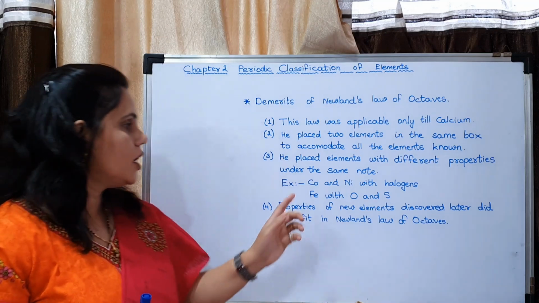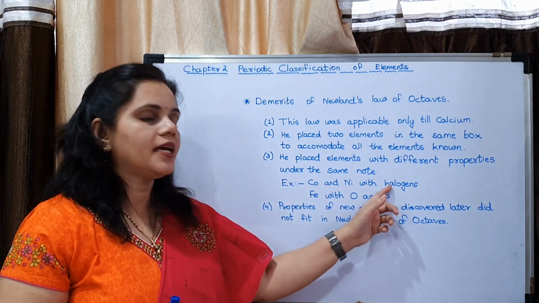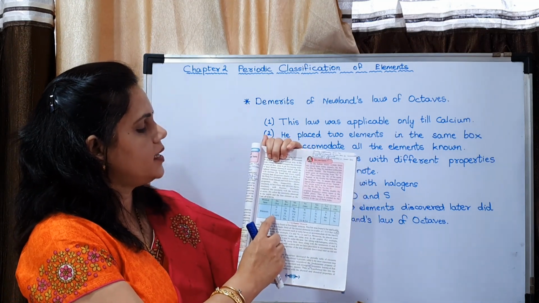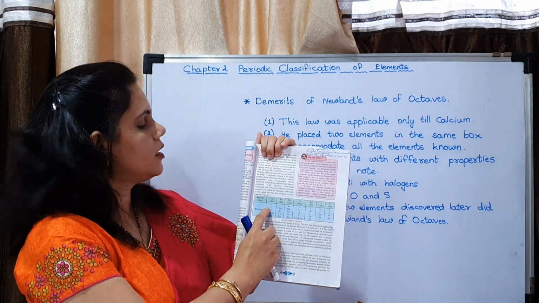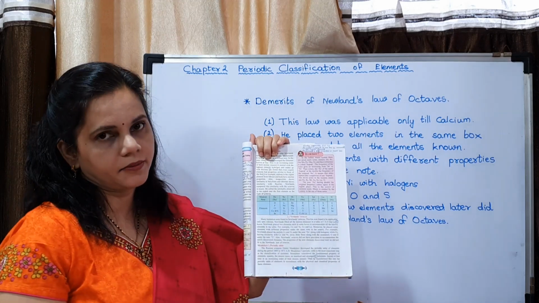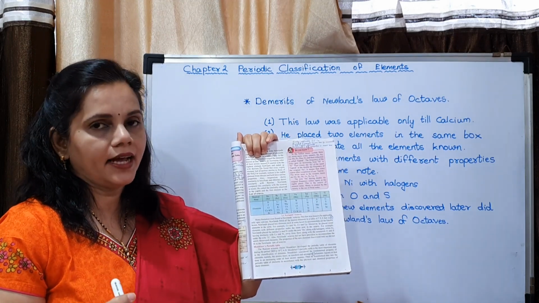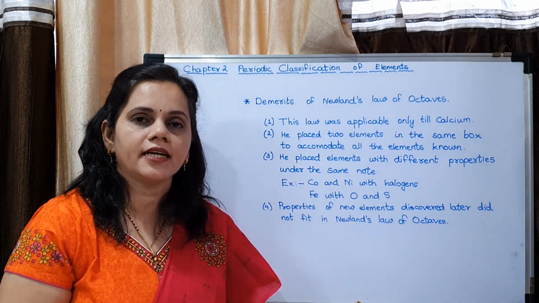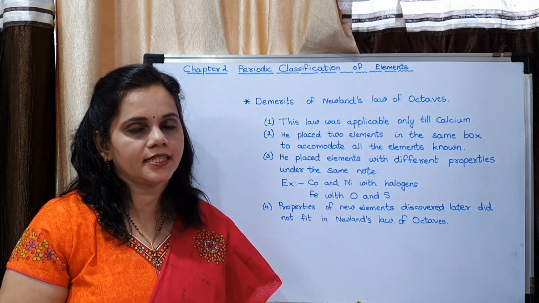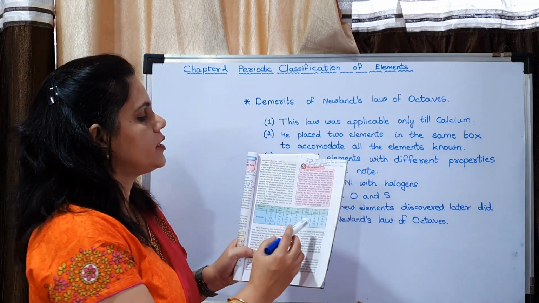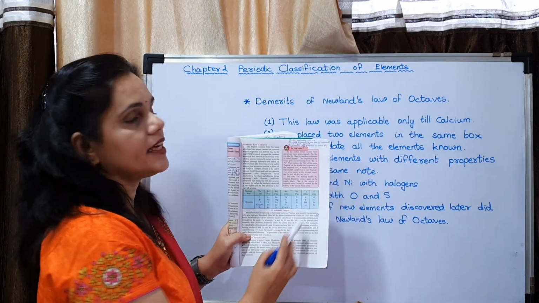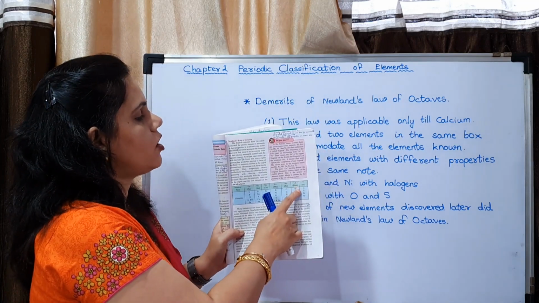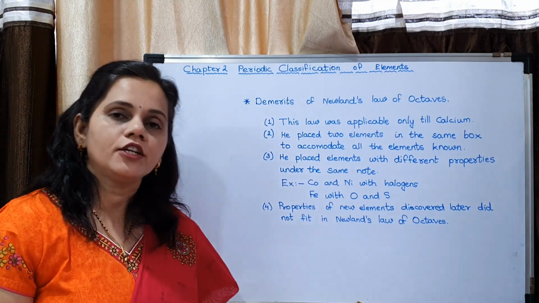For example, cobalt and nickel are placed with halogens. You may see in the table, this is cobalt and nickel, placed with fluorine, chlorine, etc. Understood? They were halogens, but cobalt and nickel didn't have the properties of halogens, yet they were placed in the same group. Similarly, Fe is iron, a metal. Iron was placed along with oxygen and sulfur, which are non-metals.